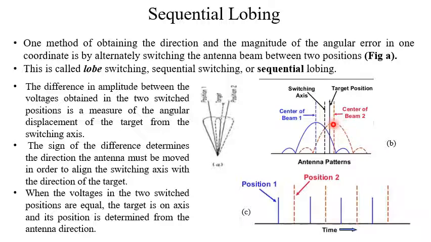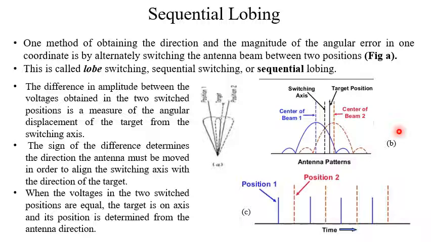And for beam position 2, the amplitude will be this much. Under this condition, beam position 2 will have higher amplitude than beam position 1, and this will be alternately switched like this.